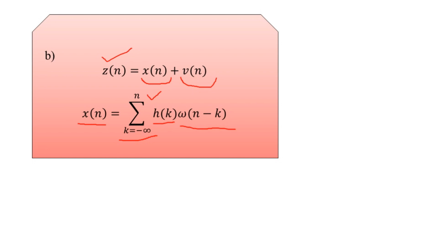In this representation, the new thing is h of k. So this h of k is nothing but the unit sample response of the filter that has generated the random process x of n. For the background you can check the videos from the 19th topic to the 21st topic.